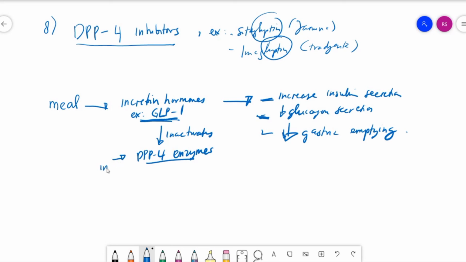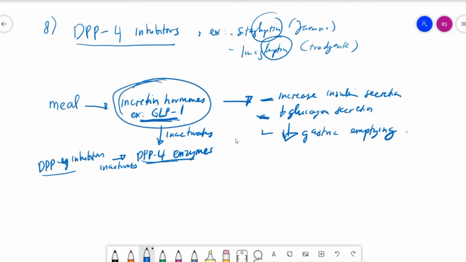It inhibits the DPP-4 enzyme, and as a result, you will have more GLP-1. So that's the mechanism of action for this drug.